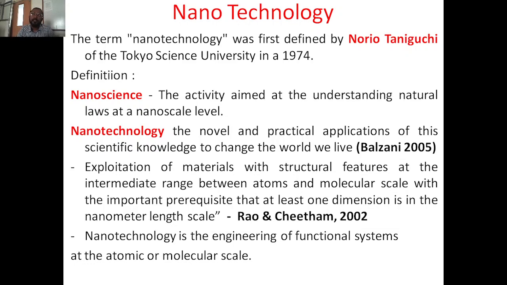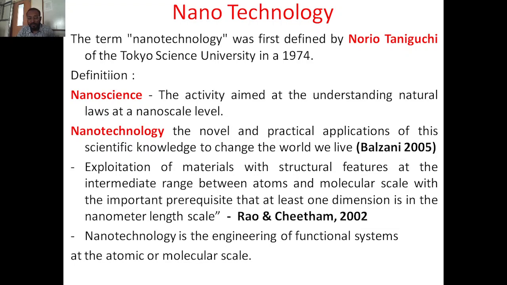As we discussed in the previous class, people started working at the molecular and atomic level only after Richard Feynman's famous talk in 1959: there is plenty of room at the bottom. He was addressing the atomic and molecular scale.